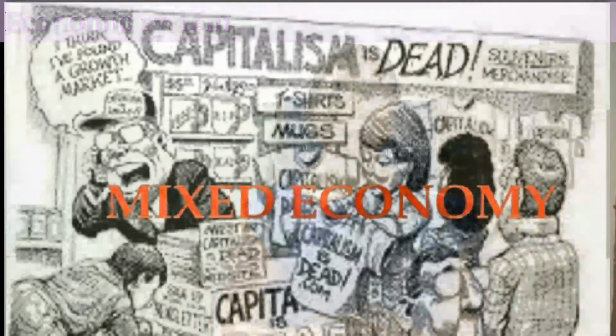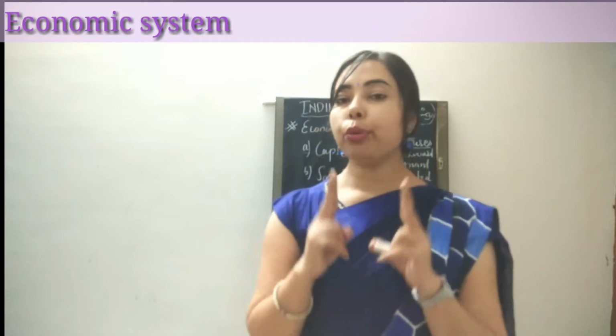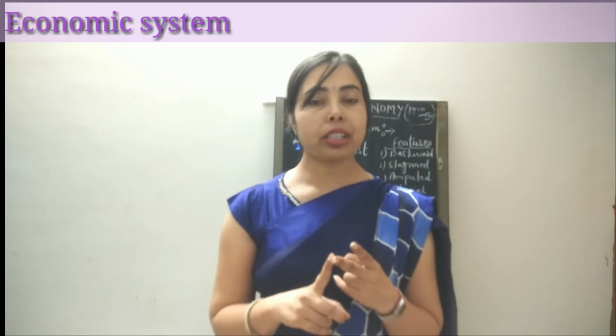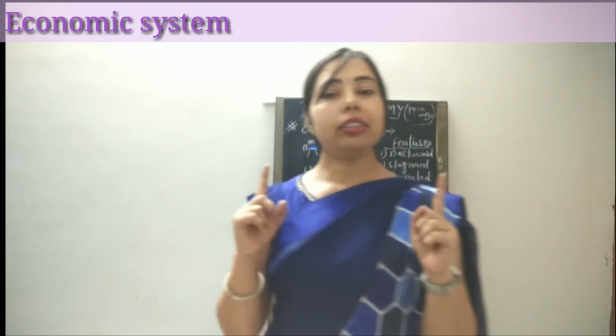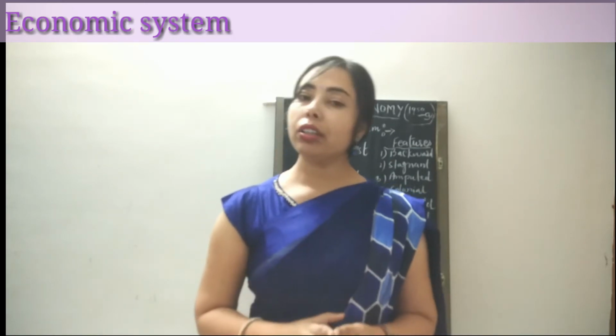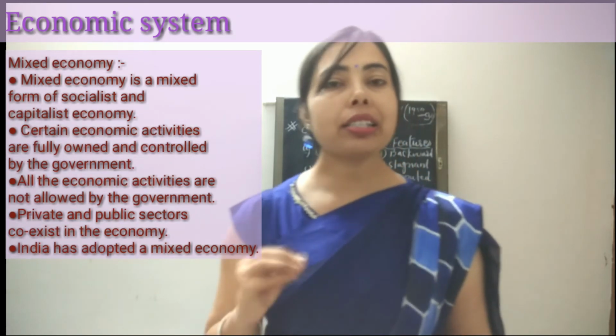The third type of economic system was the mixed economy. This economic system is a mixture of the two economic systems, capitalist and socialist. When we add together all their benefits and merits, we get the third type of economic system, called the mixed economic system.